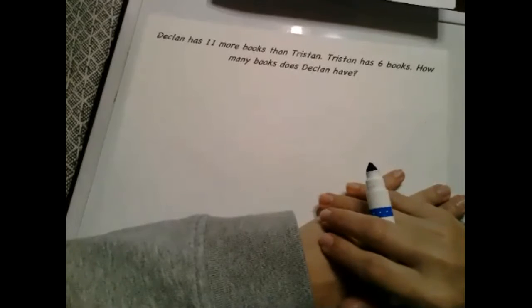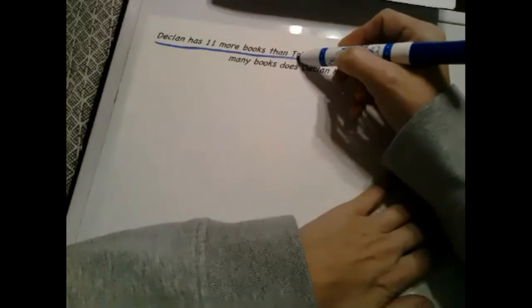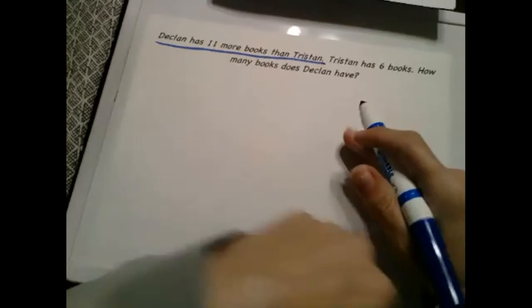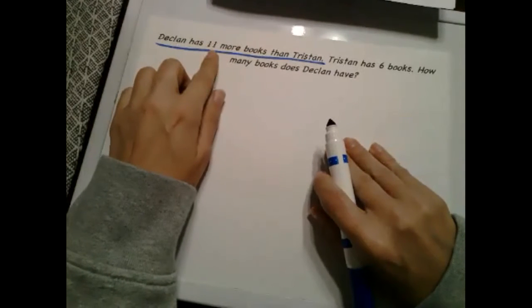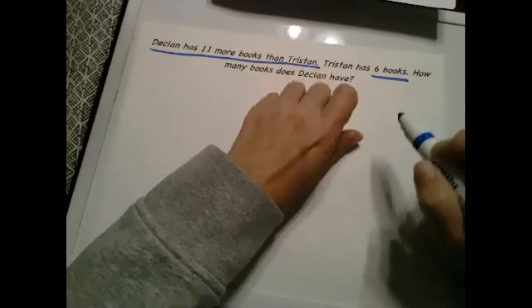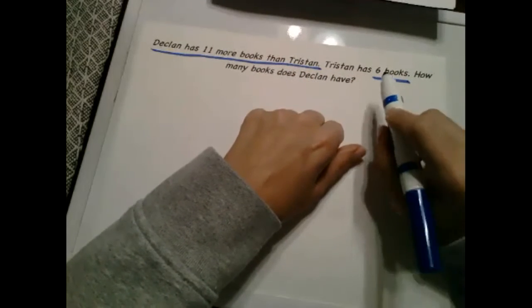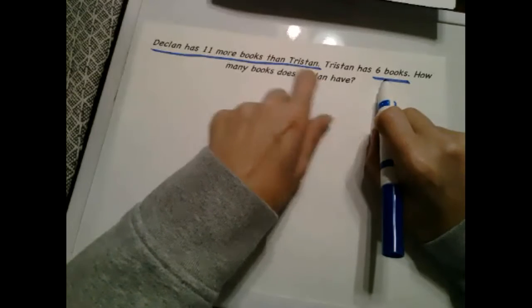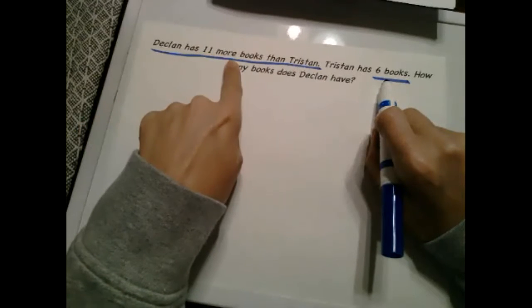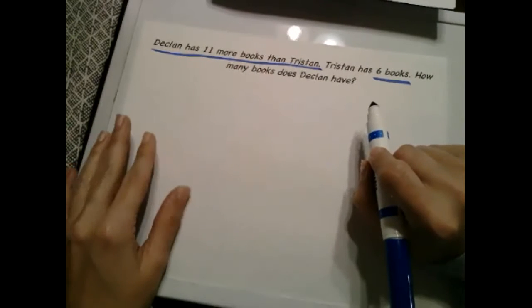Now this one is worded a little tricky, so let's go through this together. I know that Declan has 11 more books than Tristan. So I know he has 11 more. Tristan has 6. So if Tristan has 6 books, but Declan has 11 more than that, what do you think we're going to do to try and solve this problem?